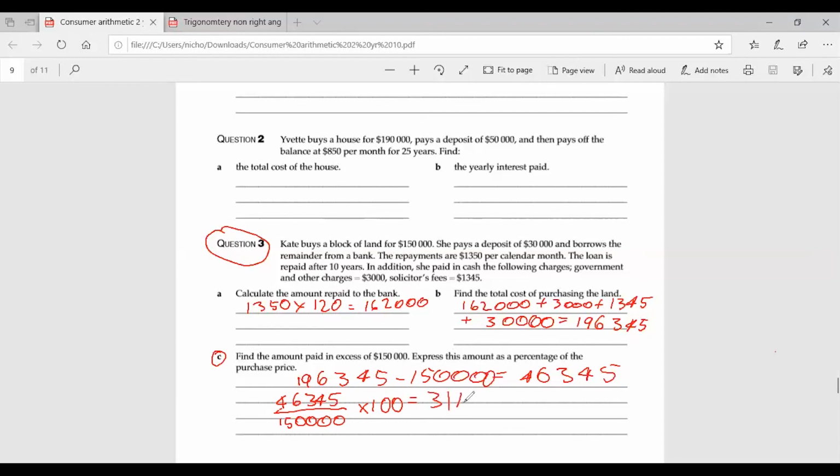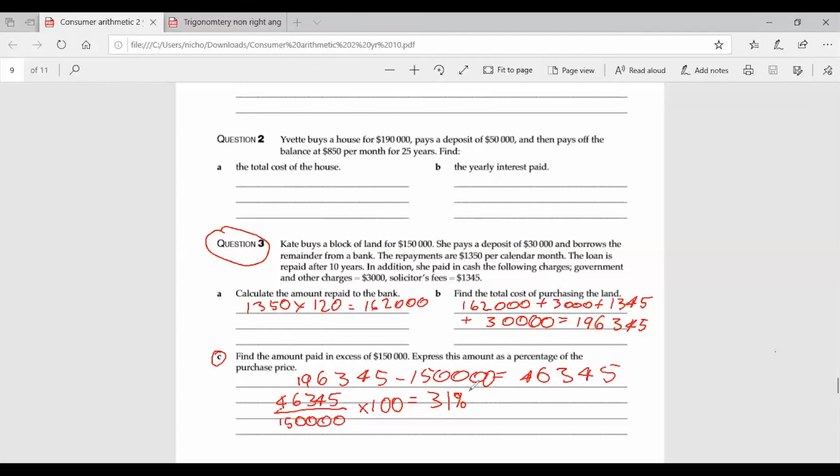So what does that mean? 31% was paid in extra. Yeah, so she had to pay 31% more than the original price because she got this loan.